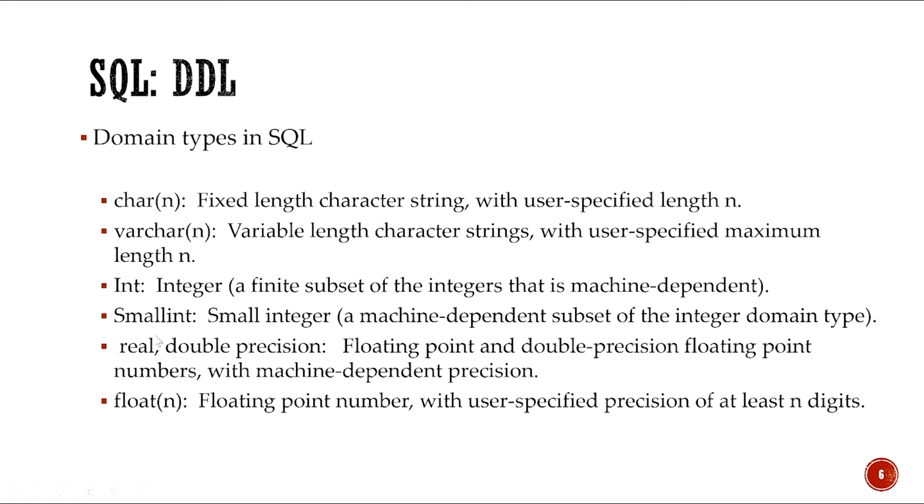Another data type in SQL is small integer, which is a machine-dependent subset of the integer domain type. As you can expect, real or double precision is another domain type, which is floating point and double precision floating point number with machine-dependent precision. And float of n represents a floating point number with user-specified precision of at least n digits.